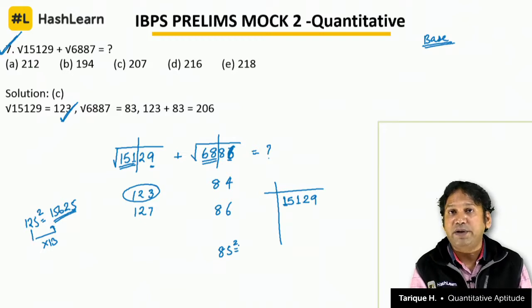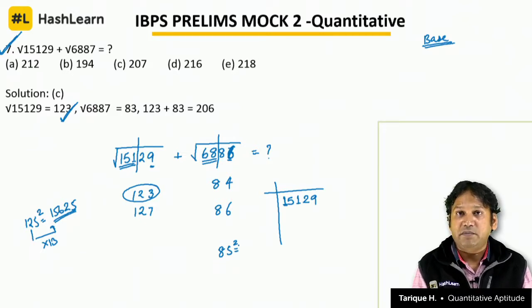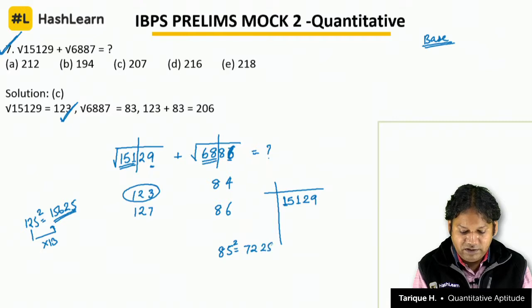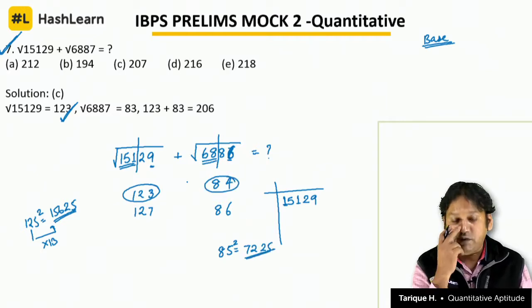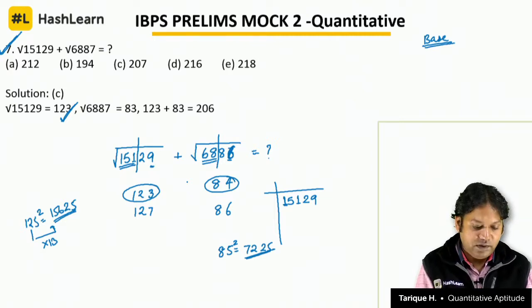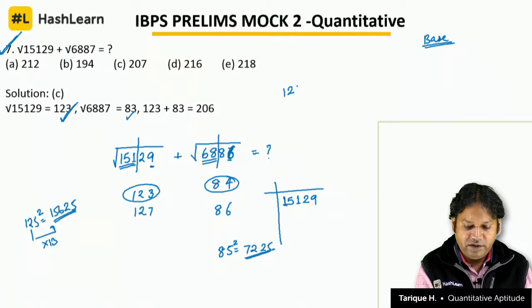That also you can watch in the video, how to find the square of numbers ending in 5. If you know that, you can do it very quickly. 8 into 9 is 72, 5 square is 25. You can see very clearly this number is around 84, because it is less than 85 square. You can actually take 83 or 84, it does not matter so much. Even if you take 84, the answer will not change.